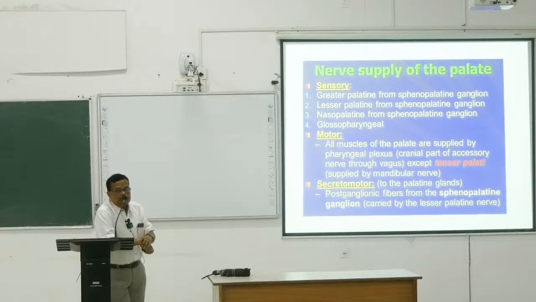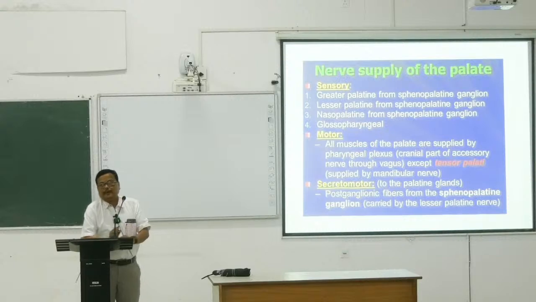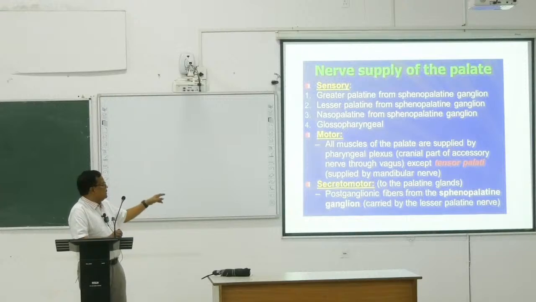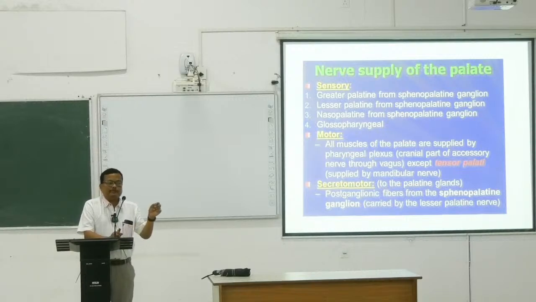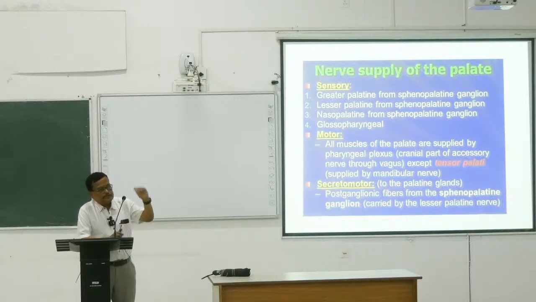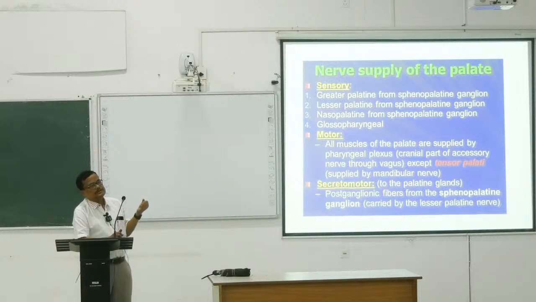Secretomotor, I have already told you in the last class, the palate has glands, palatine glands, and it is very essential to secrete palatine mucus in the oral cavity. These palatine glands are again supplied by the lesser palatine nerve. So the lesser palatine nerve is a mixed nerve carrying secretomotor supply to the palatine glands, and also the sensory supply.